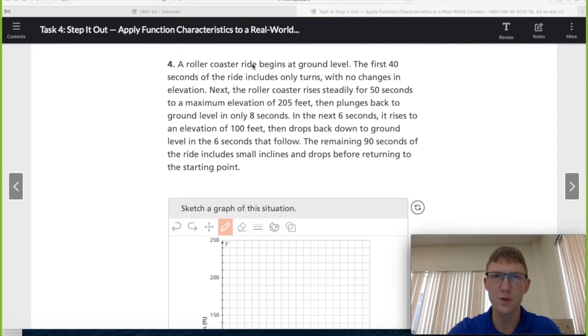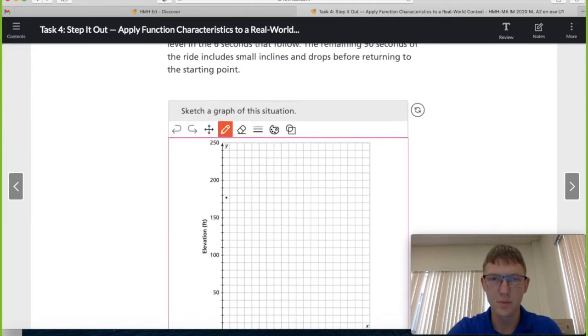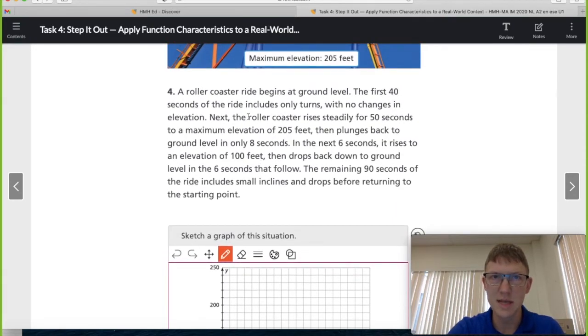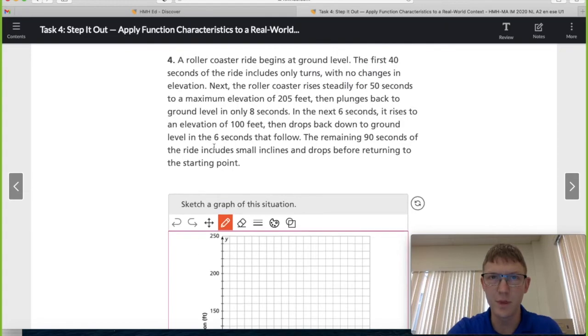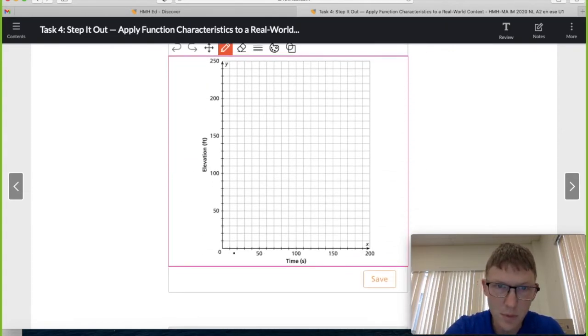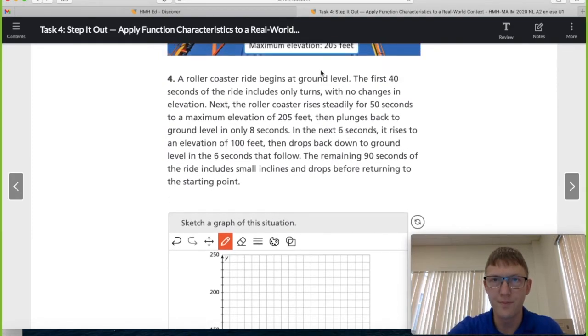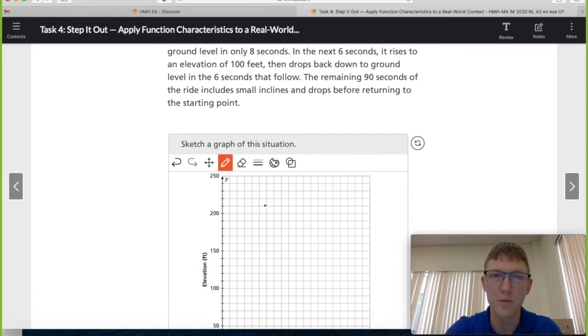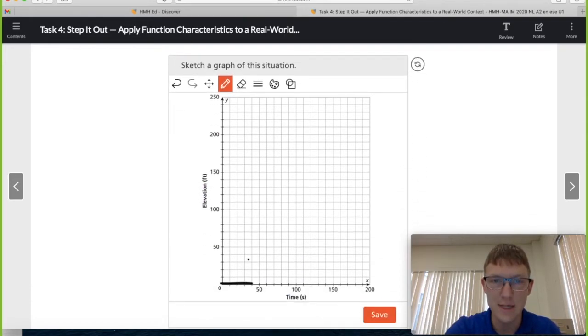So the first 40 seconds, it only includes turns, so it stays at ground level. Then the roller coaster rises steadily for 50 seconds to a maximum of 205 feet.